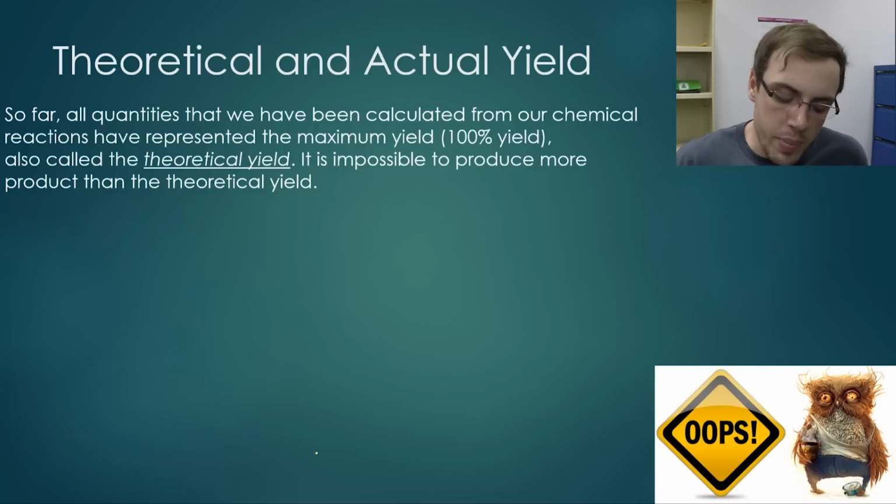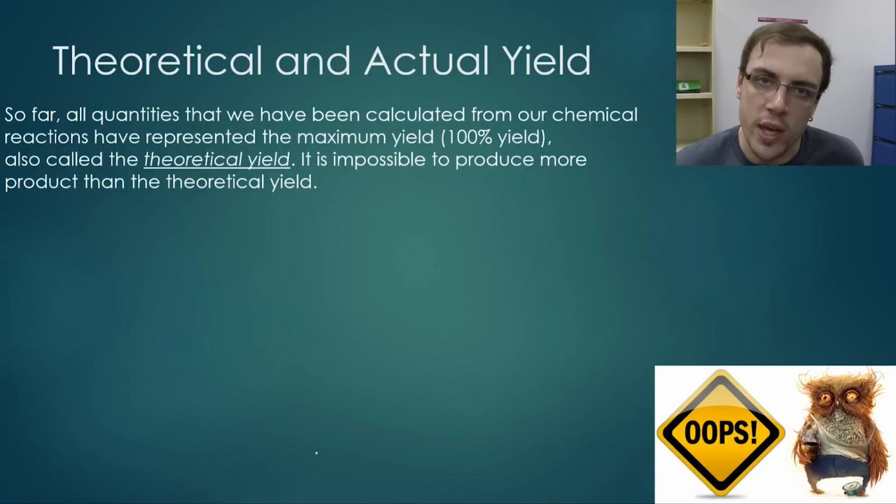Now we need to compare theoretical and actual yield, because throughout basically all of these videos thus far, whenever we've done any sort of calculation in a reaction involving calculating how much product will be formed or anything like that, we have been calculating the theoretical yield.